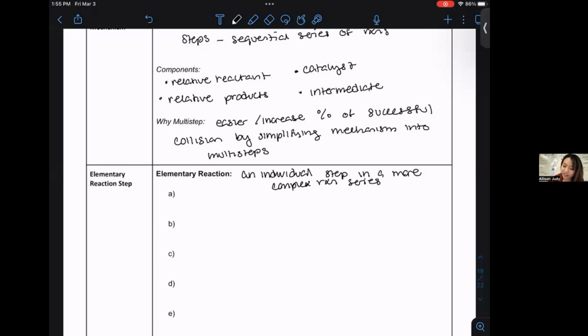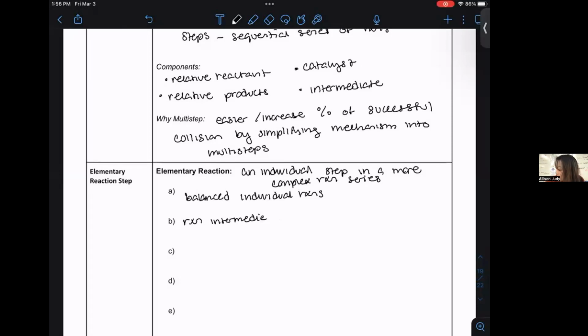A couple of things to know about elementary steps: we do balance individual elementary reactions. Two, the reaction intermediates, those that are produced and then consumed pretty much sequentially right after, are easily identifiable.